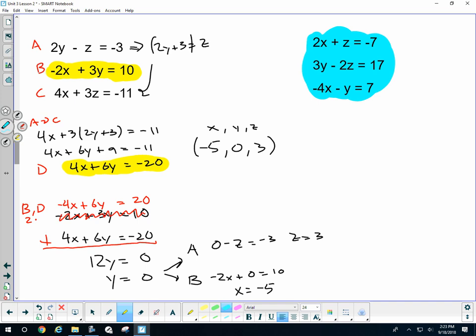So this is a negative 3, so it's negative z equals negative 3. This ends up being a different type of problem. We won't have to use elimination if we don't want to. I can see right now, I can solve 2 equations to get them in terms of x.